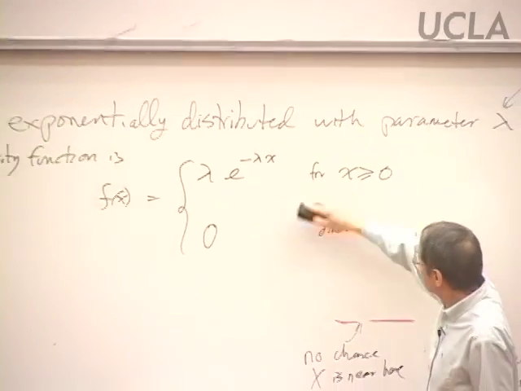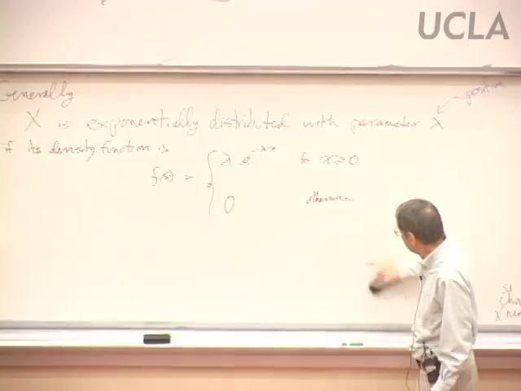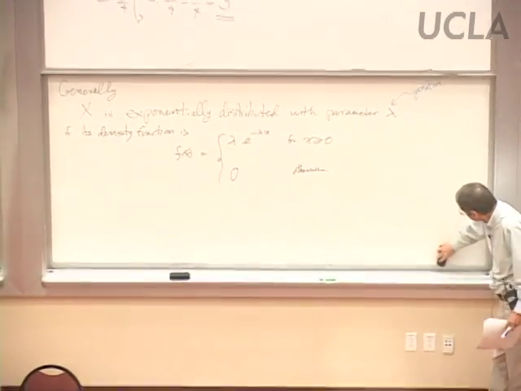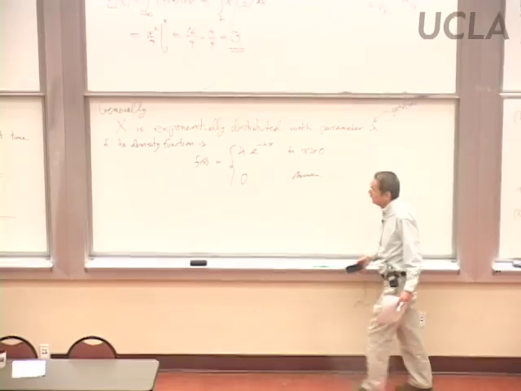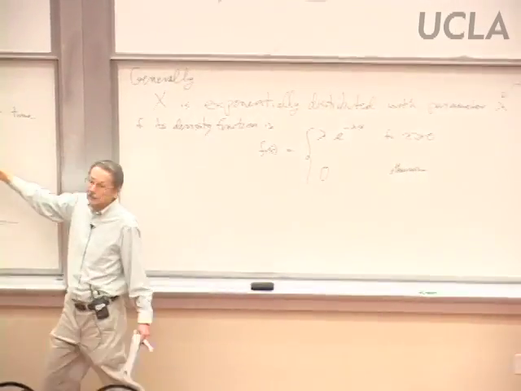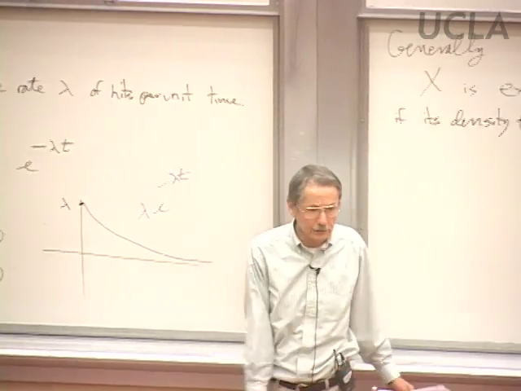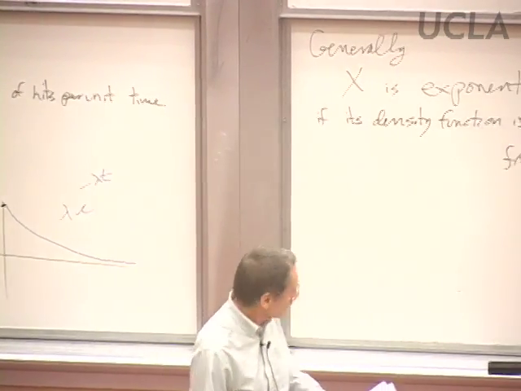In the applications, the variable is often time. As here, and when it's time, we'll want to use the letter t, and if it's something else, we want to use some other letter.